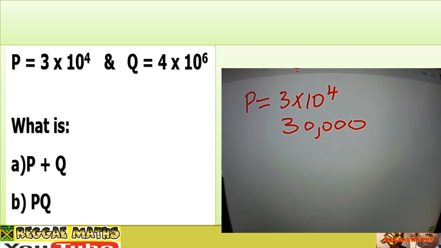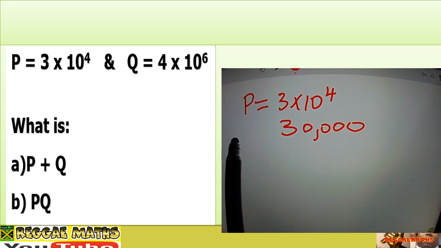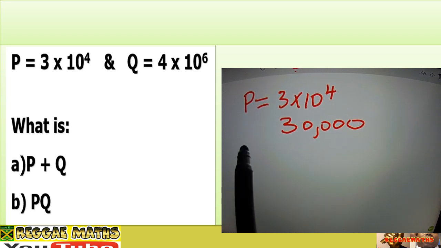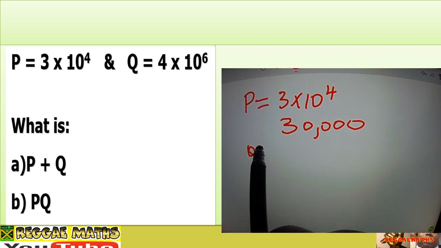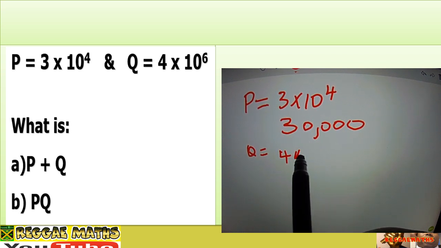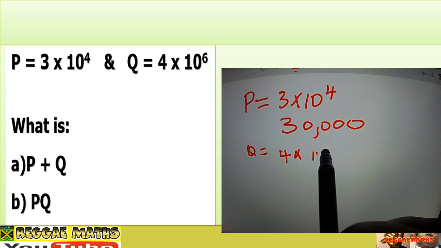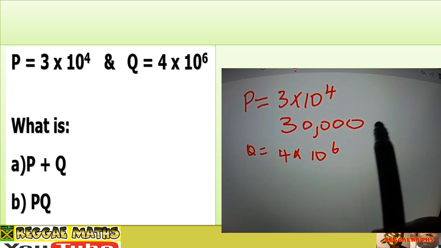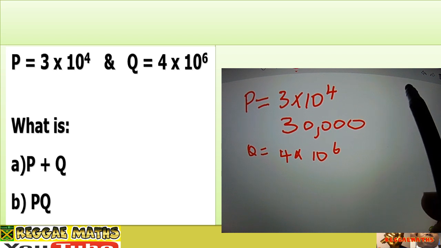Okay, and the reason for that is we need to add P plus Q, and Q is 4 times 10 to the power 6. So 10 to the power 6 is a million.